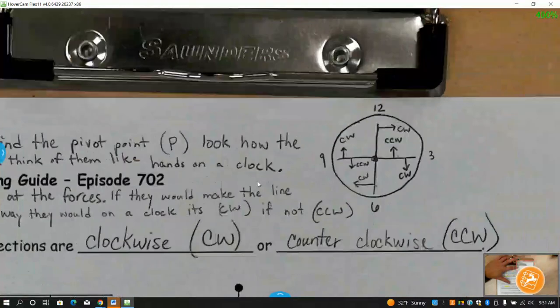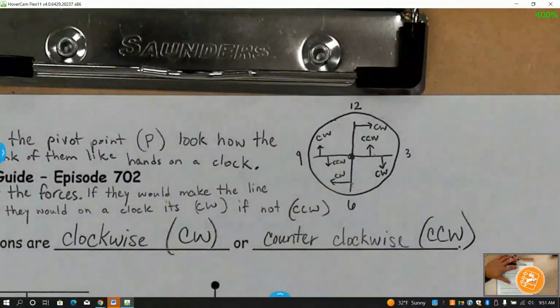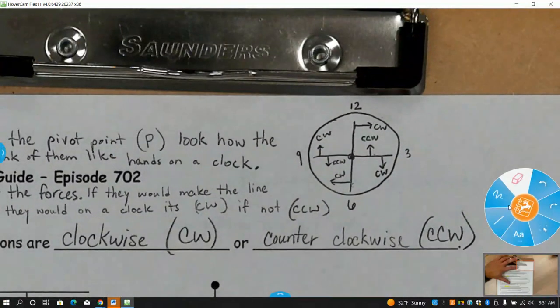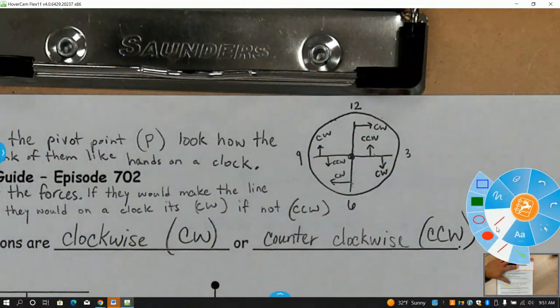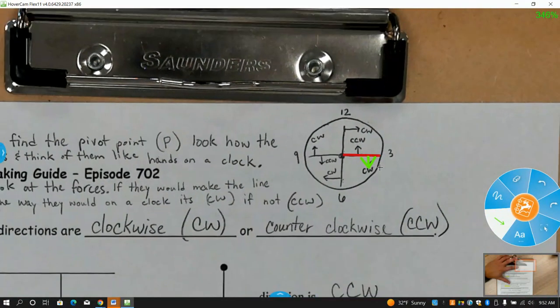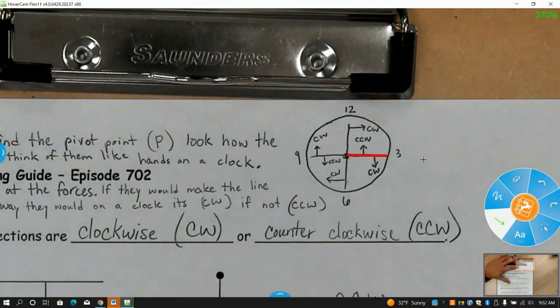So if you have a bar that extends out to 3 o'clock, and you have two forces, one of them going downward, pushing this down would take this clock hand and make it go from 3 o'clock to 4, 5, 6.